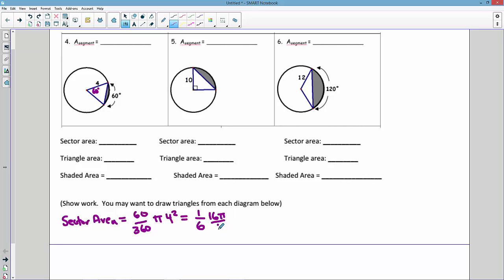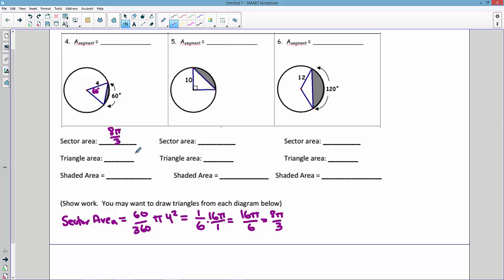One big trick I've showed you before is to make this fraction times fraction, because remember, this 16 is in fact in the numerator, whereas the 360 is the denominator. Of course, that 360 is reduced to 6, 1 over 6, I should say. So that equals 16 pi over 6, and that does reduce to 8 pi over 3, and we can leave it unreduced. That's fine. 8 pi over 3.